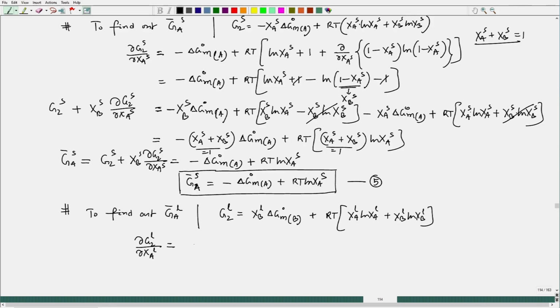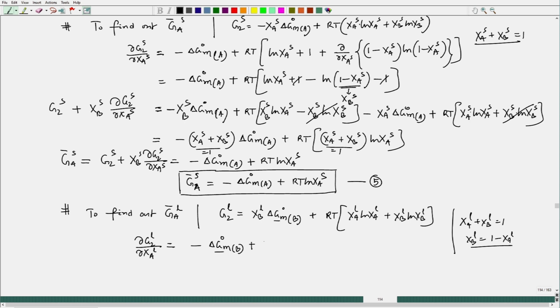this would be XB equal to 1 minus XA liquid, plus XB liquid should be equal to 1. So, XB liquid I can write in terms of XA liquid. Then for this one it will be delta G naught M B. And remember, for a particular temperature, this quantity is a constant, not variable at a particular temperature.